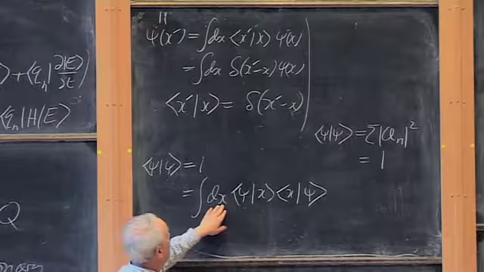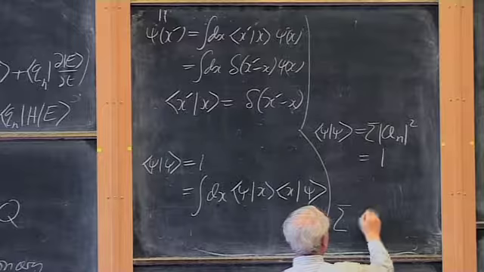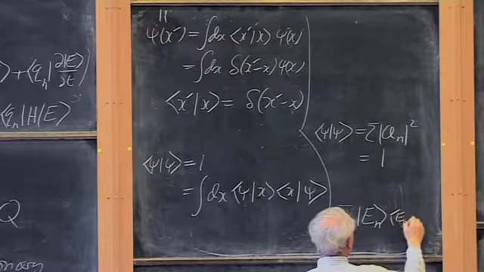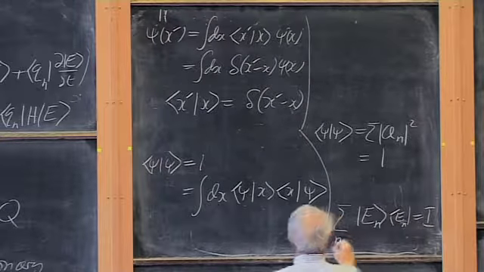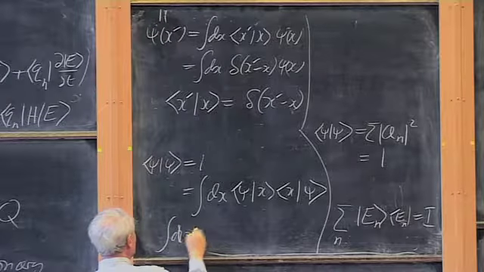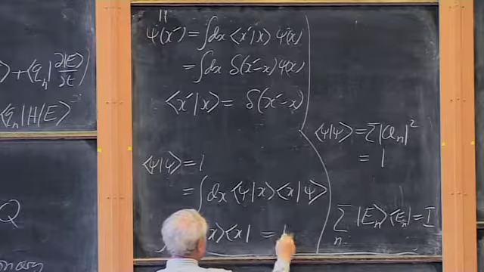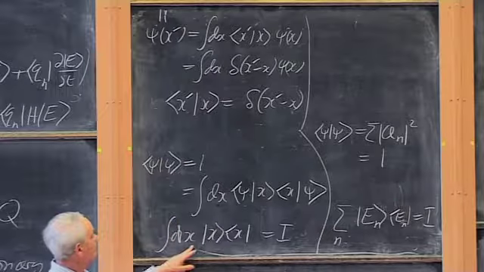So here we're using the idea that we used to have that the sum en is the identity operator. Now we have that the integral dx x is the identity operator. So all of these sums are turning into integrals.